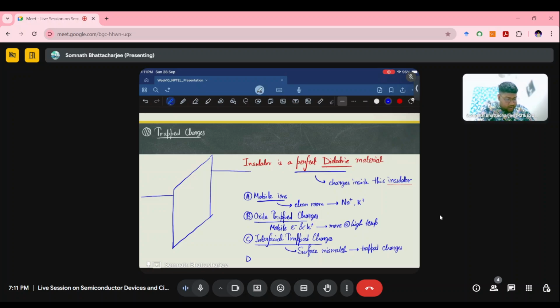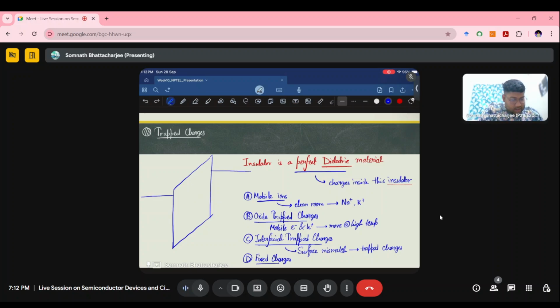Another thing is the fixed charges. Now, what are the fixed charges? Up until now, we have learned that several mobile ions are getting introduced to the oxide layer during fabrication. Then there can be trap charges on the interfaces, like this interface as well, and also inside this.